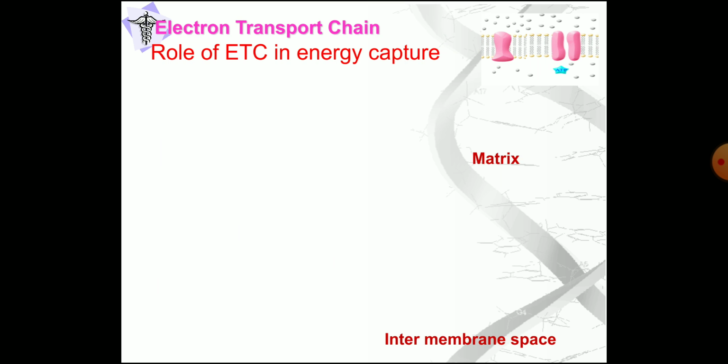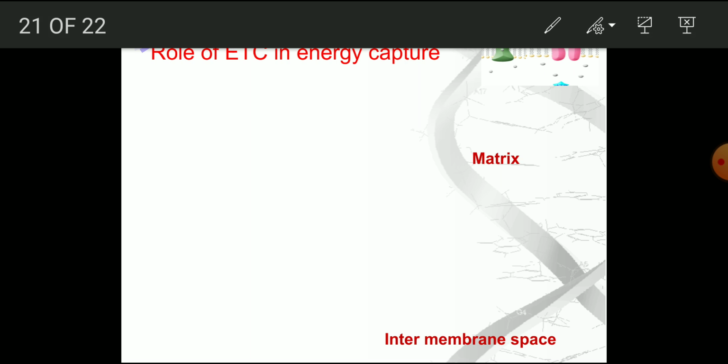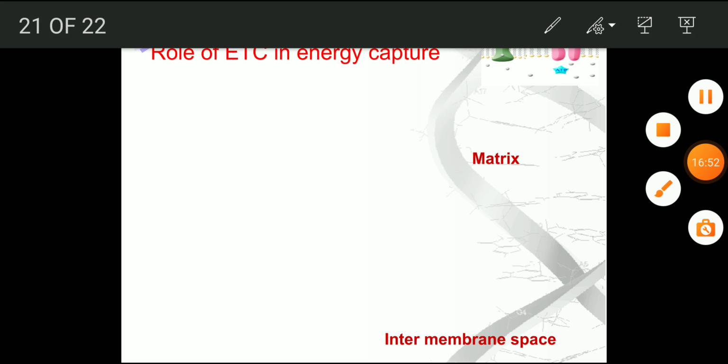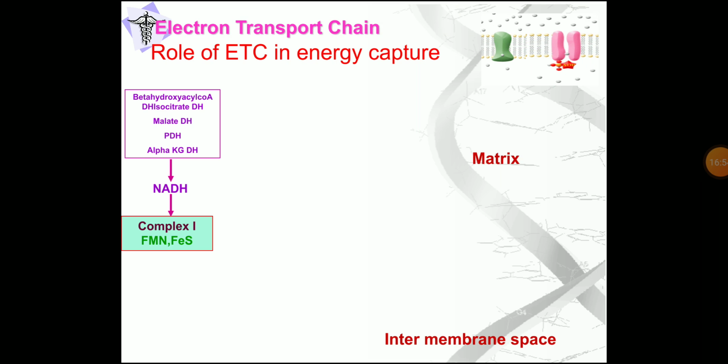Now in this picture, just see how the ATP is generated, and the role of energy capture only, because it will be taken in a separate class. Still, I have just put one slide: role of electron transport chain in energy capture. Here is how the NADH is produced.